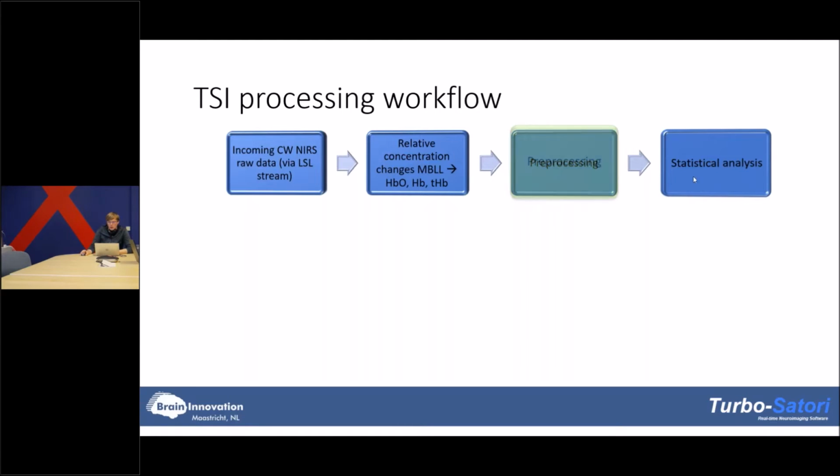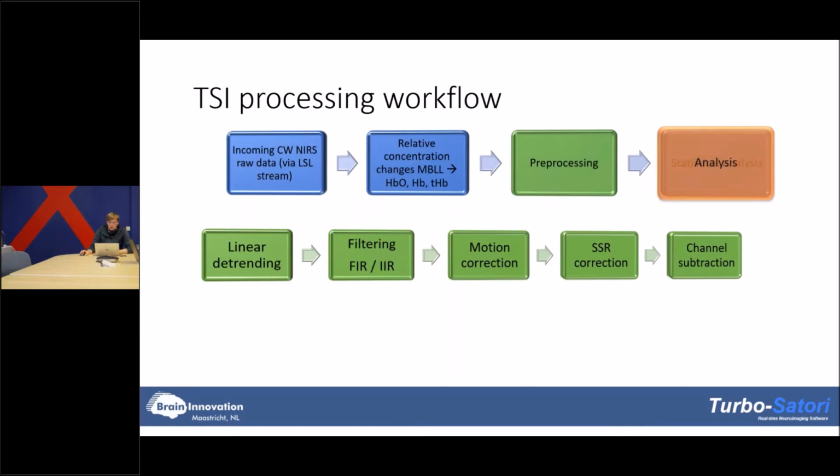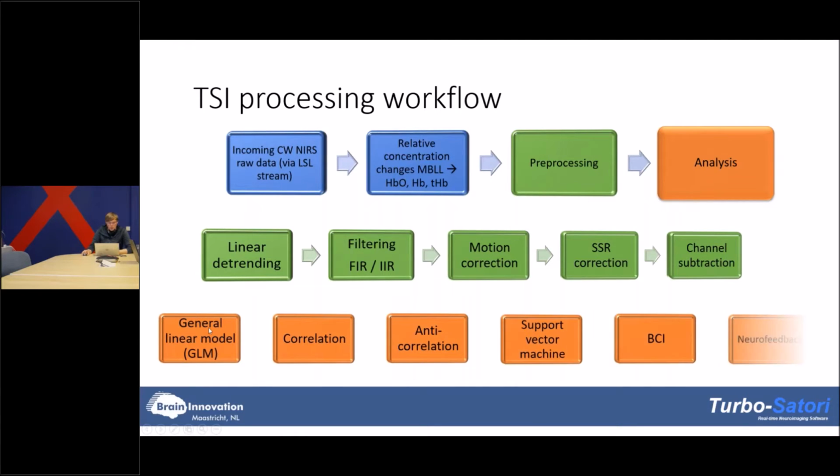The pre-processing consists of linear detrending and filtering, so finite impulse responses and infinite impulse responses. We have motion correction, SSR correction, and the channel subtraction. In the analysis part, we have the general linear model, correlation analysis, anti-correlation analysis, support vector machines, brain-computer interfaces, and neurofeedback.